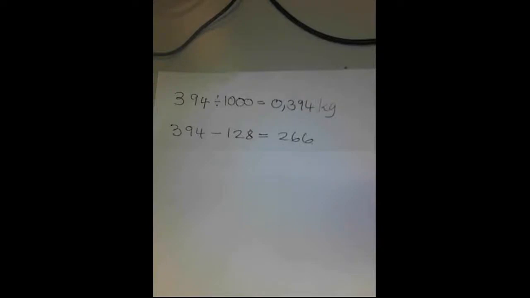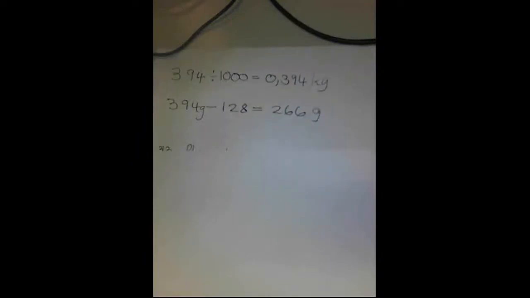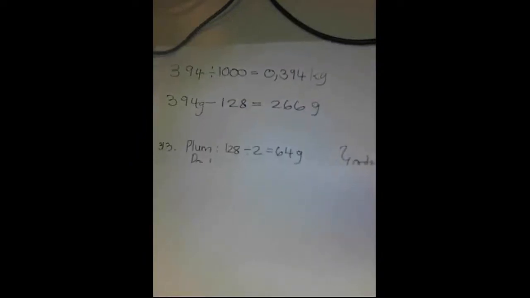The new reading in grams will now be 266. After you have removed your pear, which weighs 128 grams, from 394 grams, your answer should be 266 grams. Let's move on.